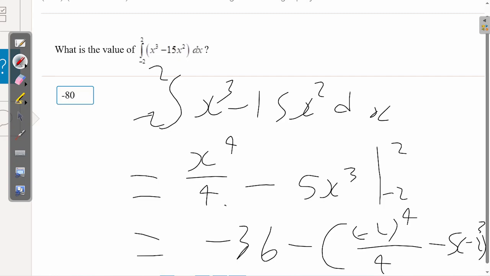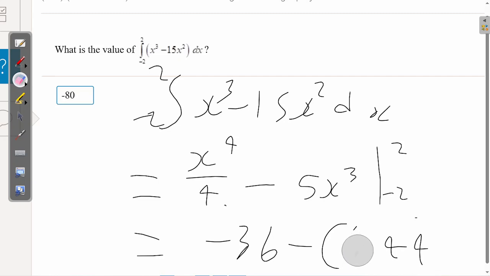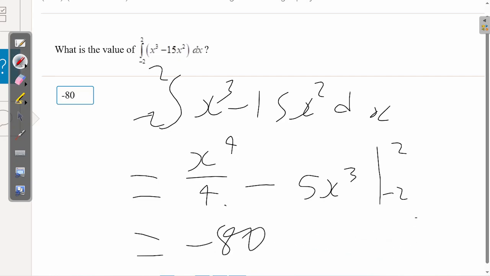And that will be 44. So negative 36 minus 44. Okay, 44, so it will be minus 44, so it will be equal to negative 80.